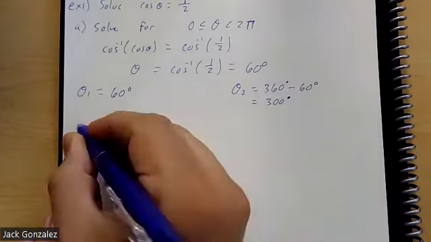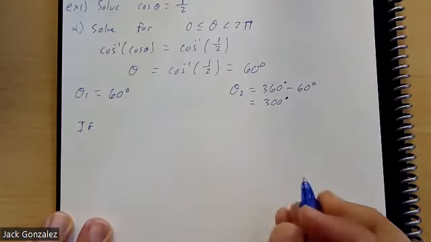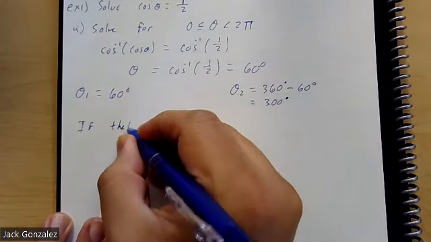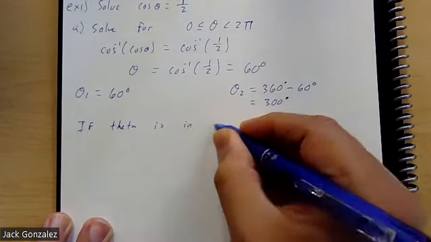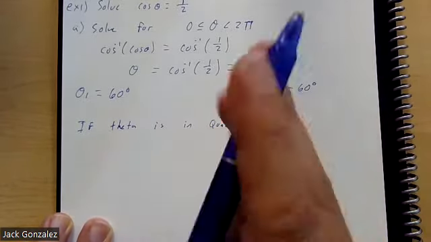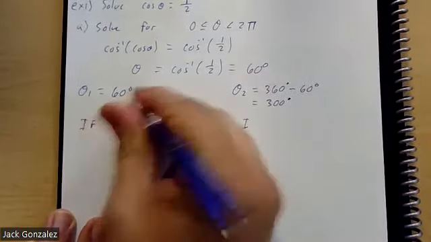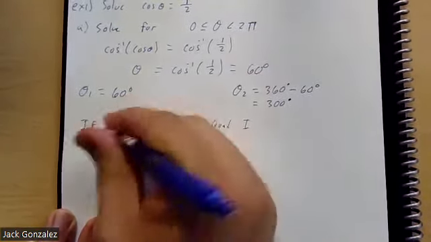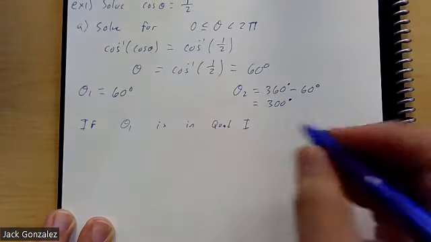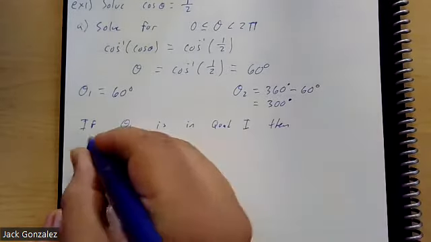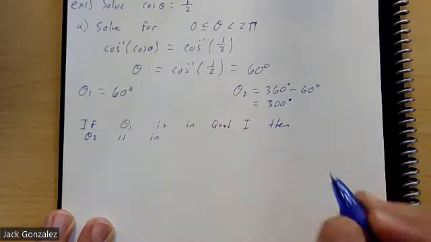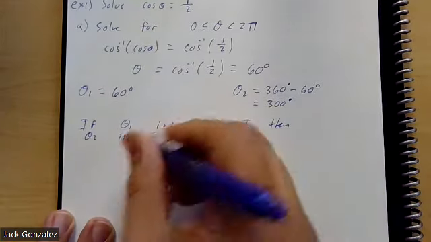So let me write you a rule here. If theta is in quadrant 1, theta 1, then theta 2 will equal 360 minus theta 1.